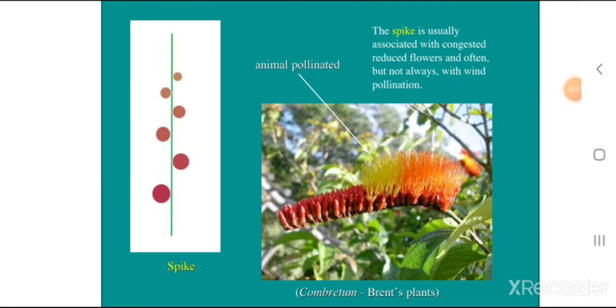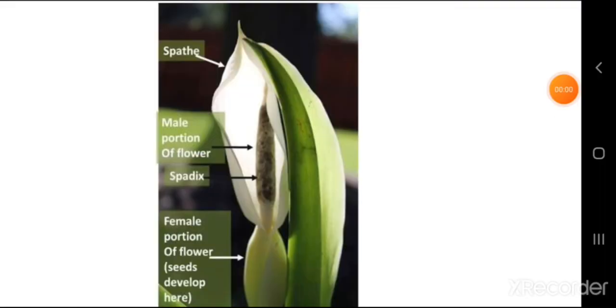Brent's plant inflorescence is another example of spike. It differs from a common spike by having animal pollination. It has a thick fleshy axis having densely packed tiny unisexual flowers. The uppermost region has no flower. Below that region, male flowers and female flowers are present, and the inflorescence is surrounded by a spathe.